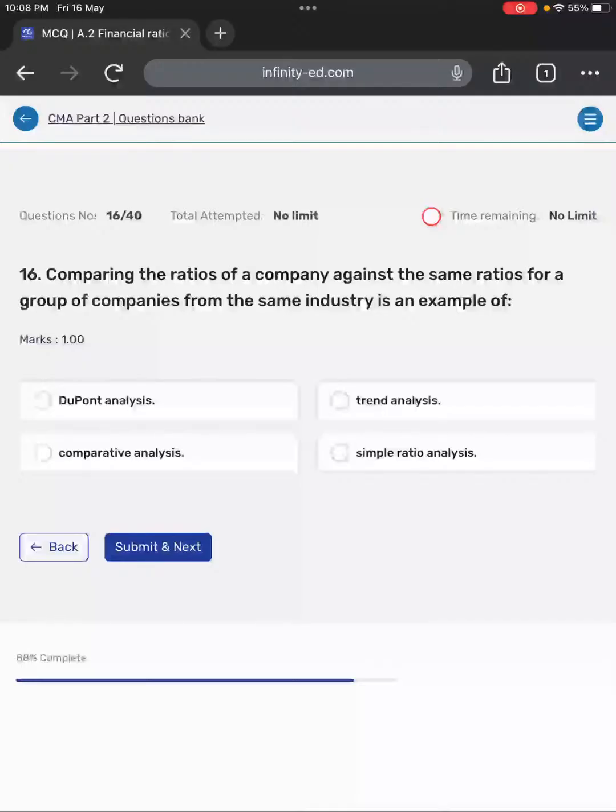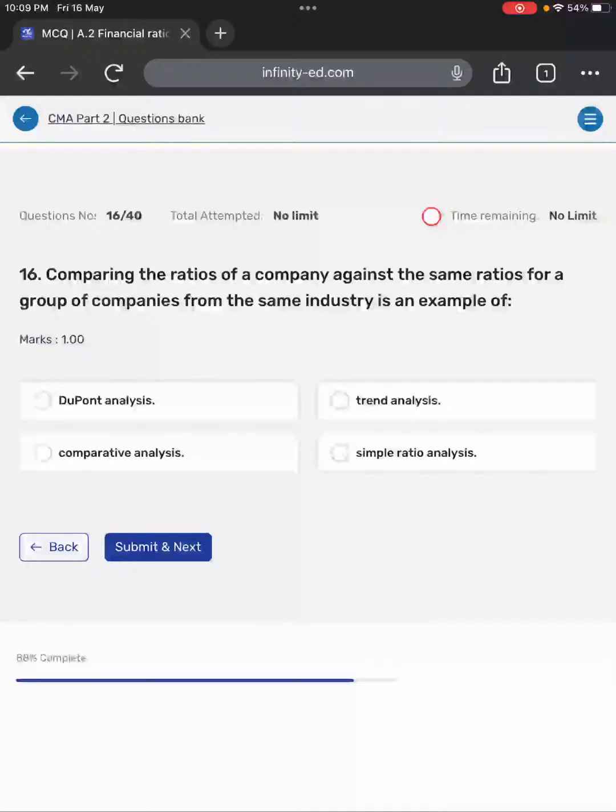Which one is the correct answer? Waiting for answer.